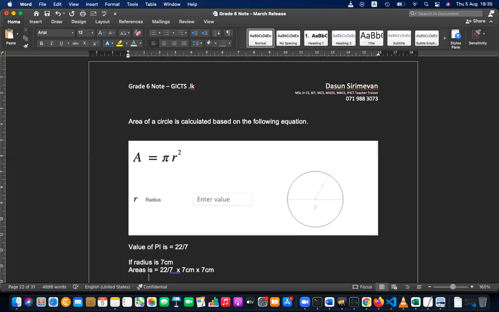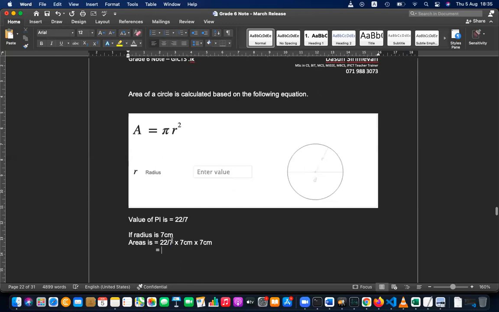So you can cut the 7s. When you have a 7 on the division side and a 7 in the multiplication above, you can cut them, because after multiplying by 7, again you have to divide by 7. Multiplying by 7 and dividing by 7 is equal to 1.